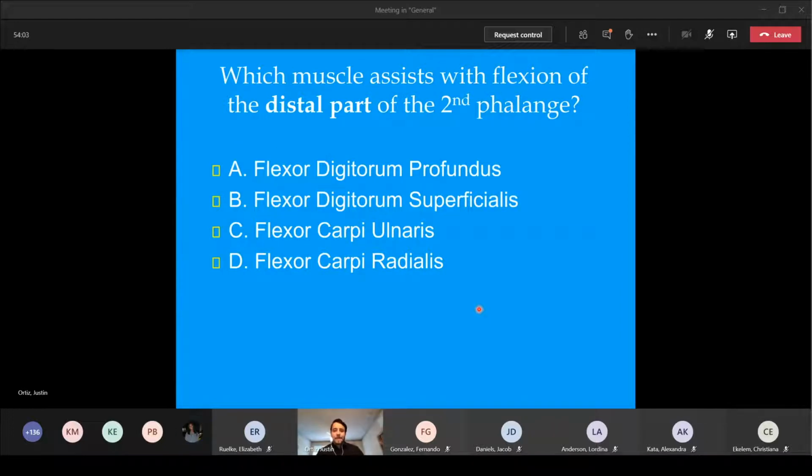Justin? Yeah. I have a question. Yeah. What muscle covers the anterior side of the radialis, or the radial bone? Is it the brachioradialis?